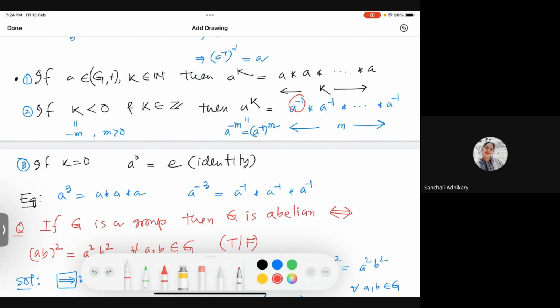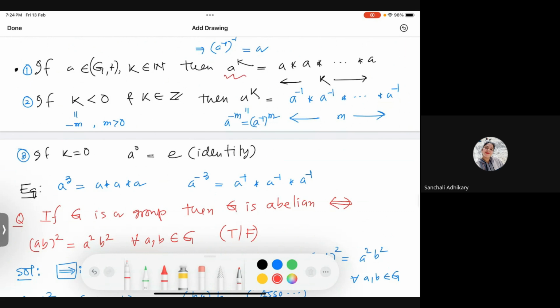So this is just a notation. You need to understand that here the operation is star. If the operation is multiplication, replace star by dot. If the operation is addition, replace star by plus.